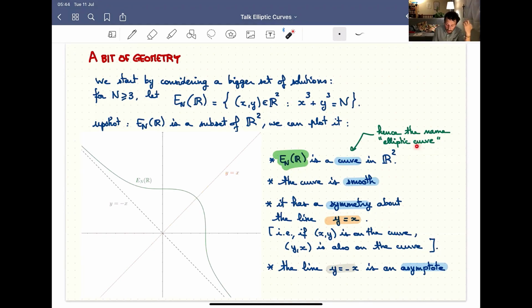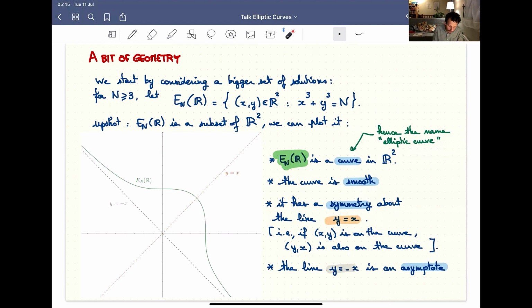Well, it's called a curve because the picture looks like a curve, and the name elliptic is slightly more difficult to explain. The second remark I want to make about the picture is that E_n(R) is very smooth. It doesn't have any corners or any peaks or anything.